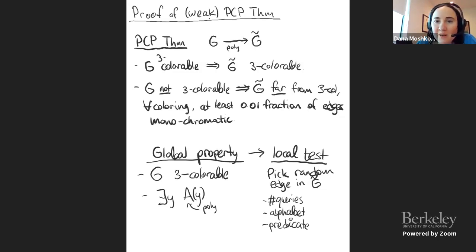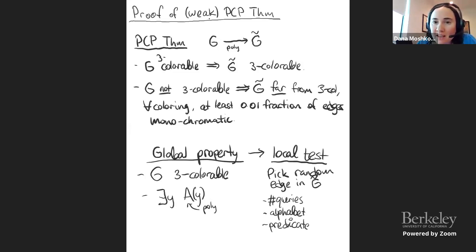Weak, yeah, I'll explain. Right now I only stated the normal PCP theorem. I can actually even explain it now. So the weakness would be that I won't show a polynomial transformation. What I'll show is that I can generate a random edge here in polynomial time.